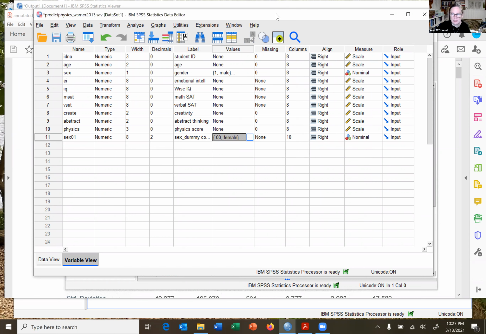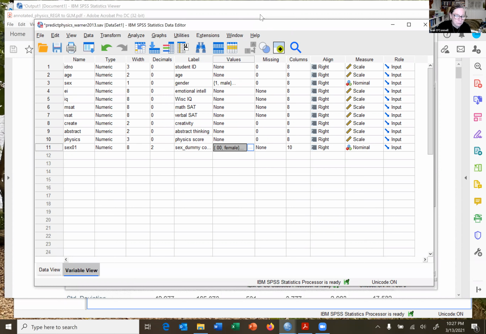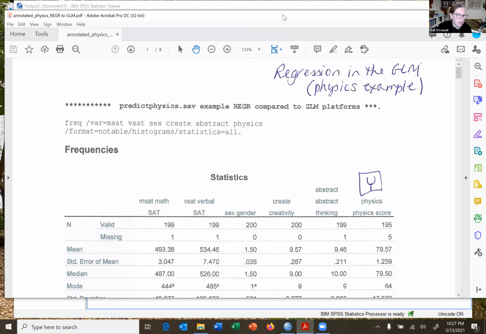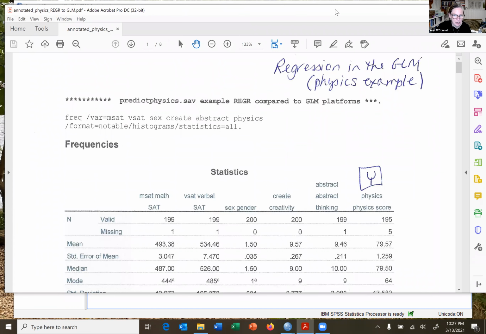I've put the syntax and everything on Carmen as usual, and I have an annotated printout that I'm going to walk through so we can see what's going on. When we get to the GLM piece, I want to actually show you the screens as to how that's done. So we're going to start by looking at the annotated printout.